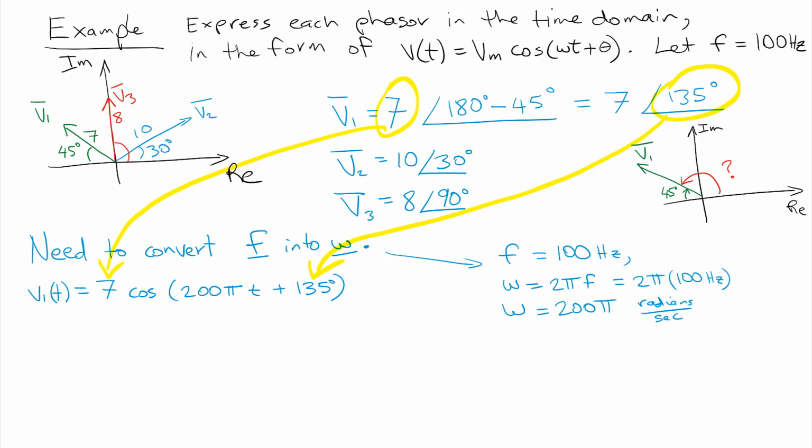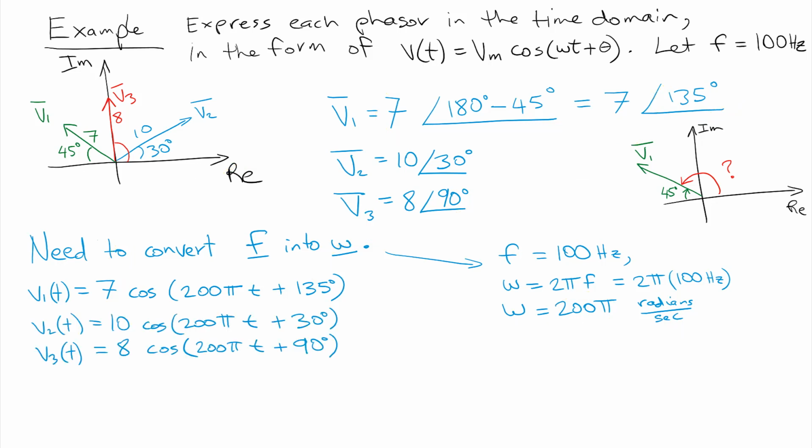And then what we're missing is omega, which we calculated, and we put that into that position, and then we add the t. It's a function of t. So that is how we construct our time domain representation from the phasor form.